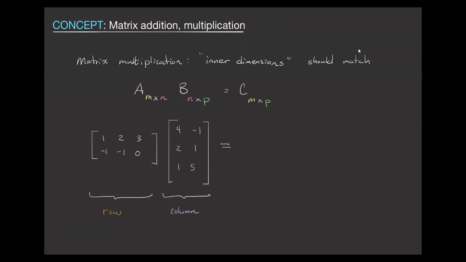So we're going to take a row, say like this, and then take a column, say like this. Now this is the first row, first column. So that will give us the first row, first column entry of the resulting matrix.